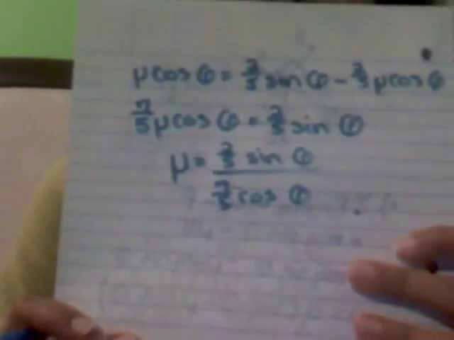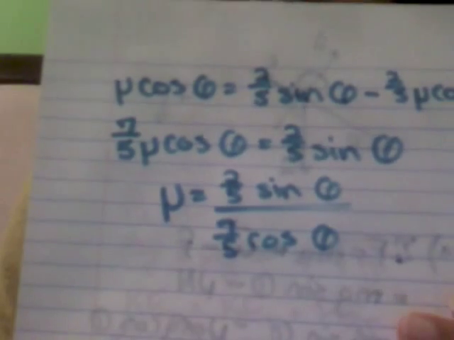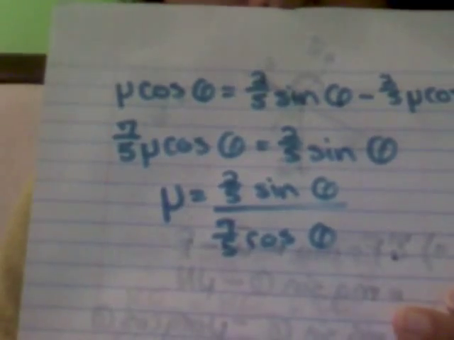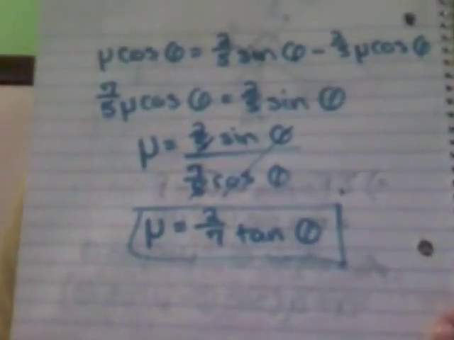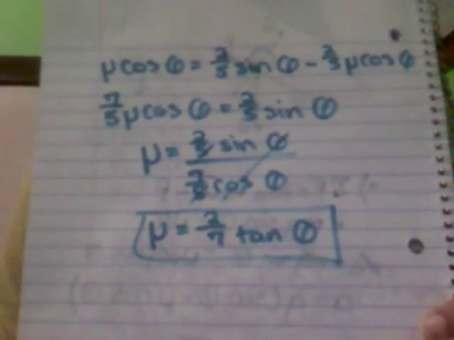The 5's cancel, and sine over cosine is tan. So we get mu equals 2/7 tan theta. And that's our answer for A. Yay! Halfway done.